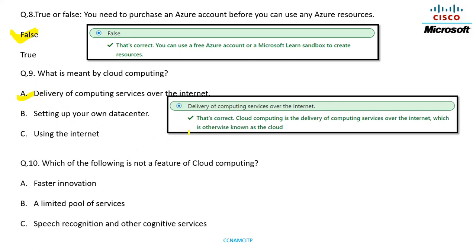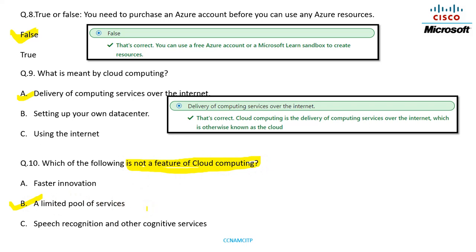The next question, guys: which of the following is not a feature of cloud computing? Faster innovation, a limited pool of services, speech recognition, and other cognitive services. Here the question is about what is not a feature of cloud computing. It has lots of services and there is no limitation.